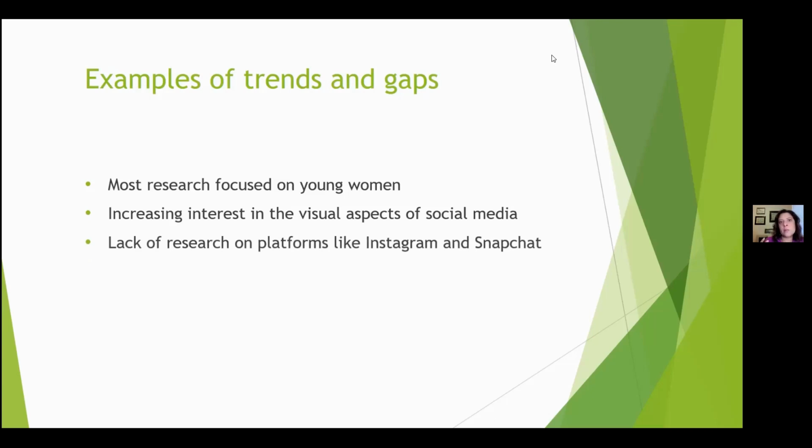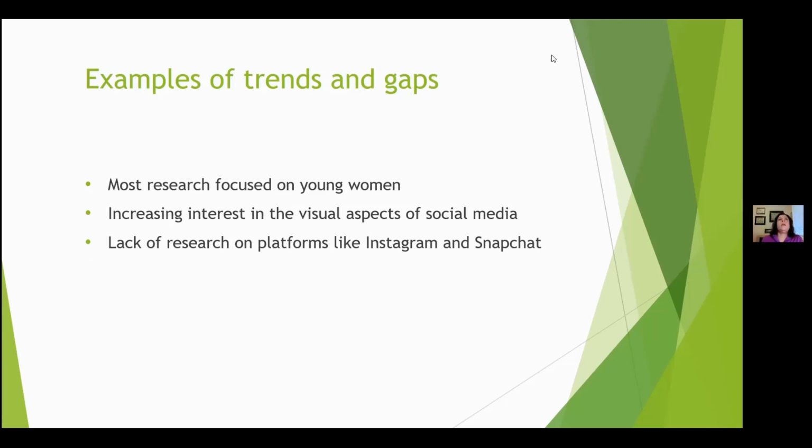So they were focusing more on the outward, how women present themselves compared to educated women, what they may be thinking, what is trending with regards to what is important to women from that generation. So there may be a lack of research on platforms like Instagram and Snapchat.